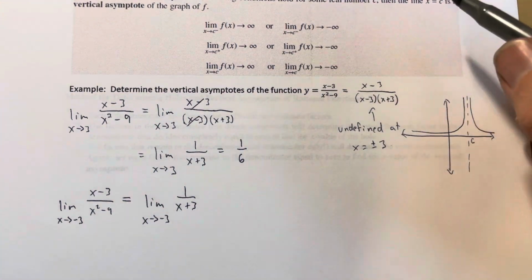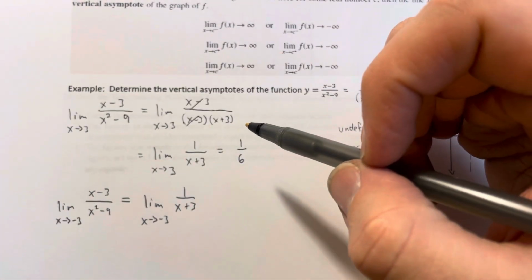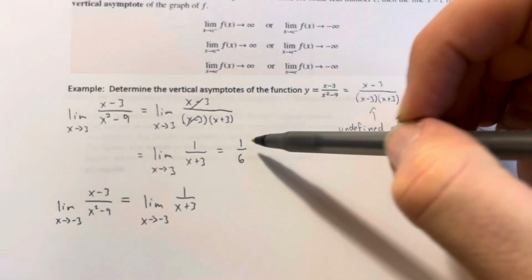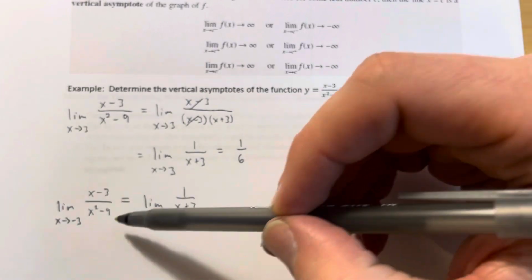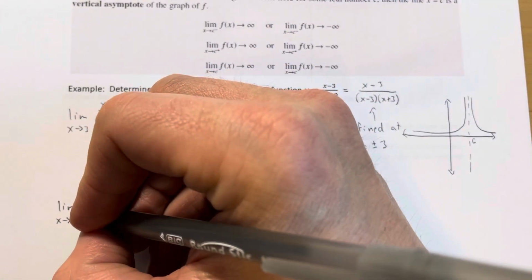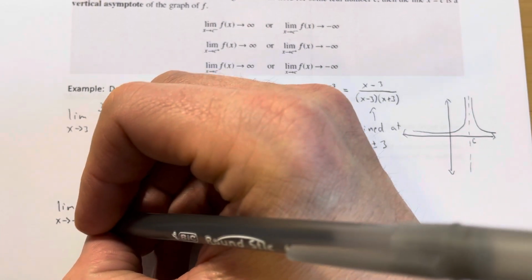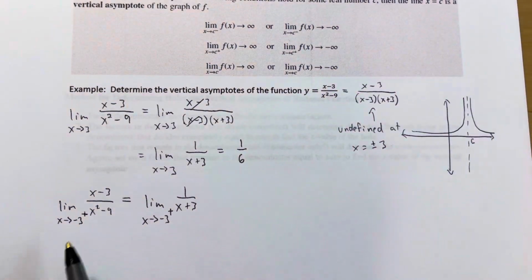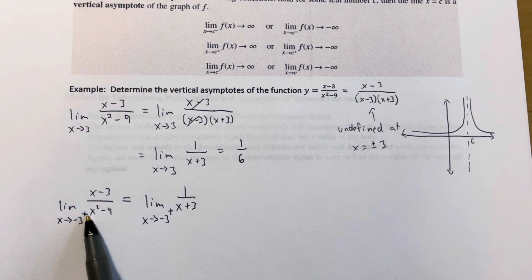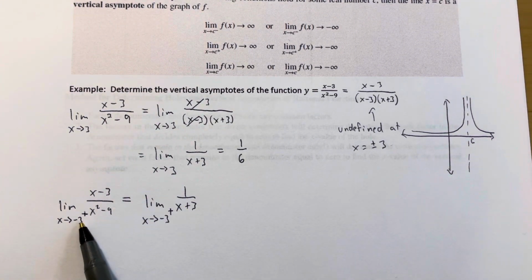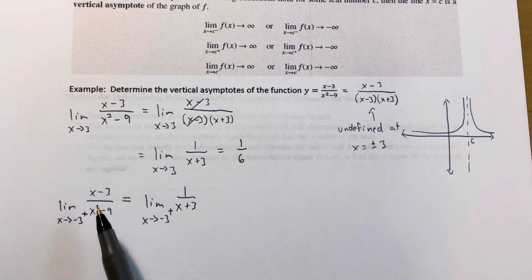Okay? At this point, I would need to determine whether this is going towards positive infinity or negative infinity. And in fact, it depends on which direction we're coming from as we approach negative 3. So let's modify this and say, let's make it a one-sided limit where we're approaching from the right, okay? Remember, that means we're approaching negative 3 using numbers that are larger than negative 3. So what helps is to pick a number that's close to negative 3, but just slightly smaller or slightly larger.